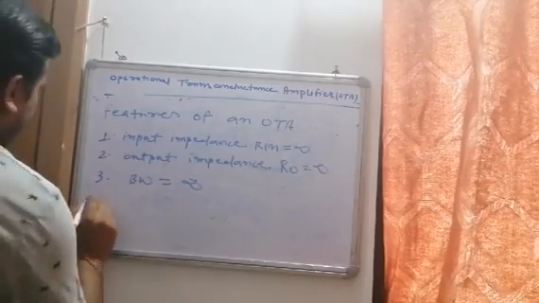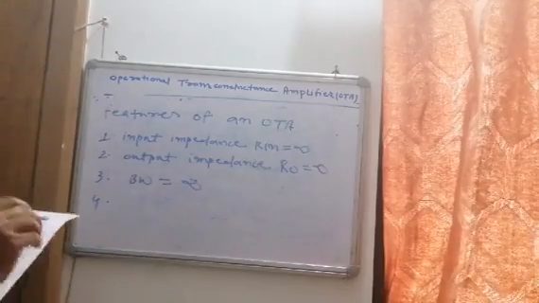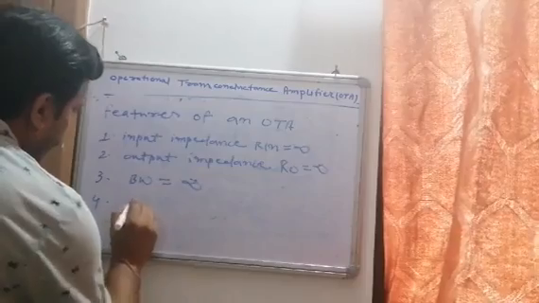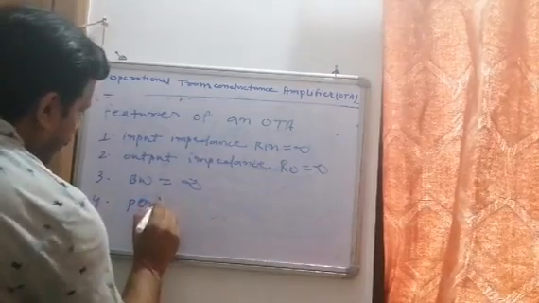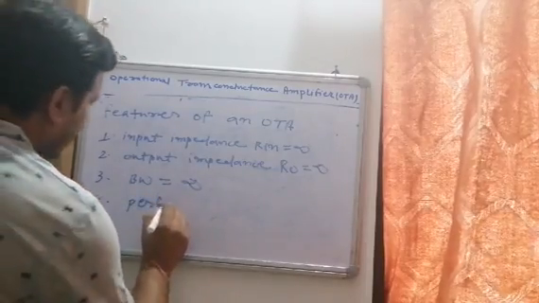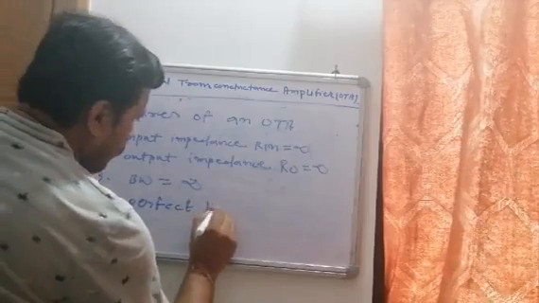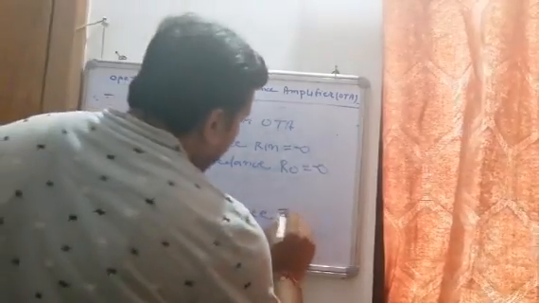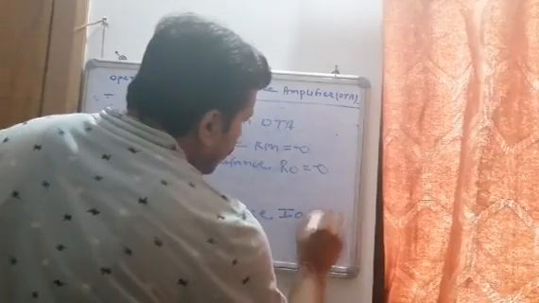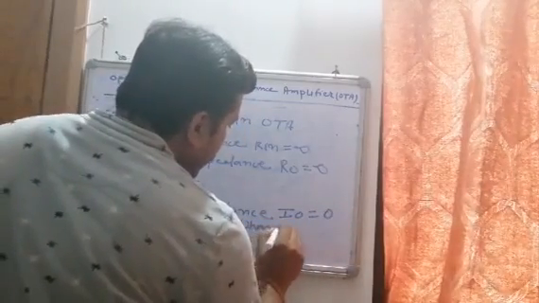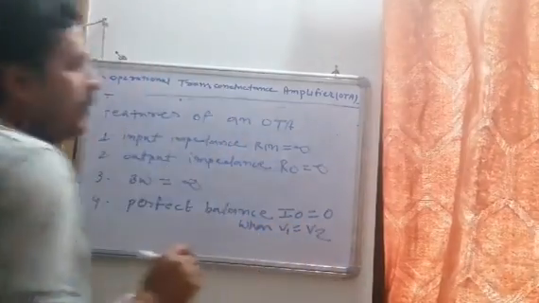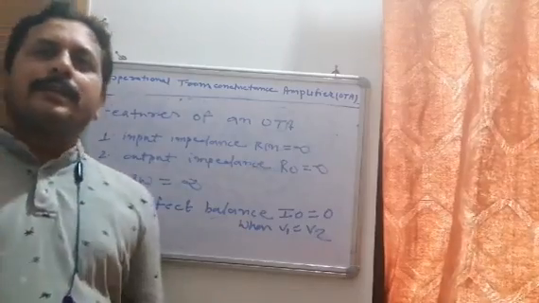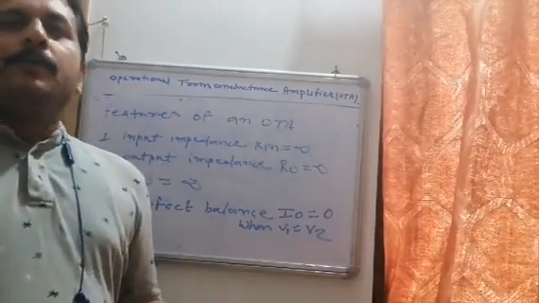Fourth feature, for perfect balance, I naught equal to 0 when V1 equal to V2, because I naught is equal to transconductance multiply V1 minus V2.